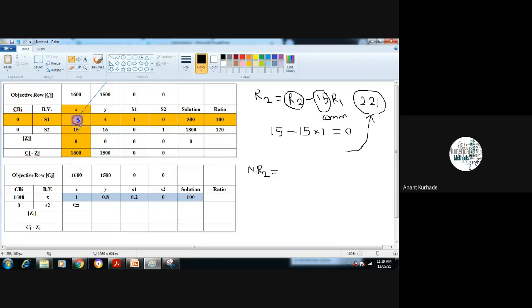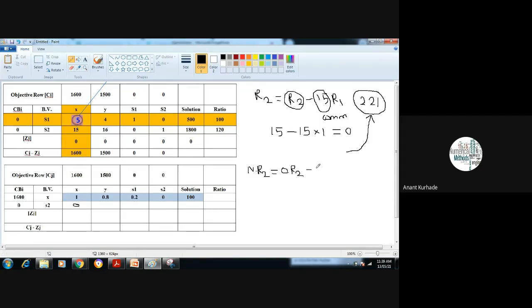So this 15 is our old value. So we can write here new value of R2 is equal to old value of R2 minus that value from the key column. So what is the value?